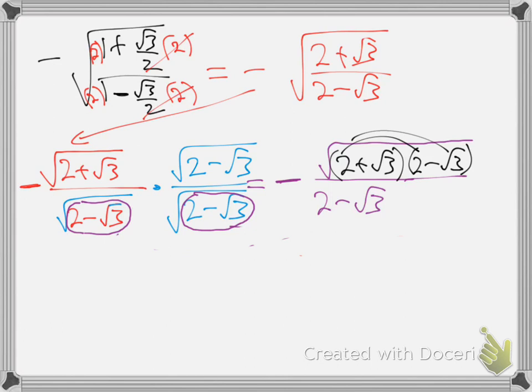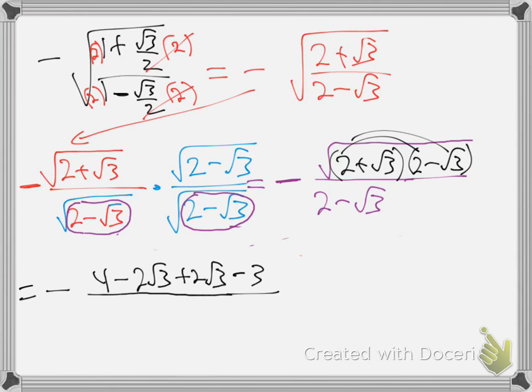So bring it down to here. Going to FOIL, going to keep that negative in the front. I'm going to FOIL the top. What do we get? 4 minus 2 root 3 plus 2 root 3 minus root 3 times root 3, all still in a root.